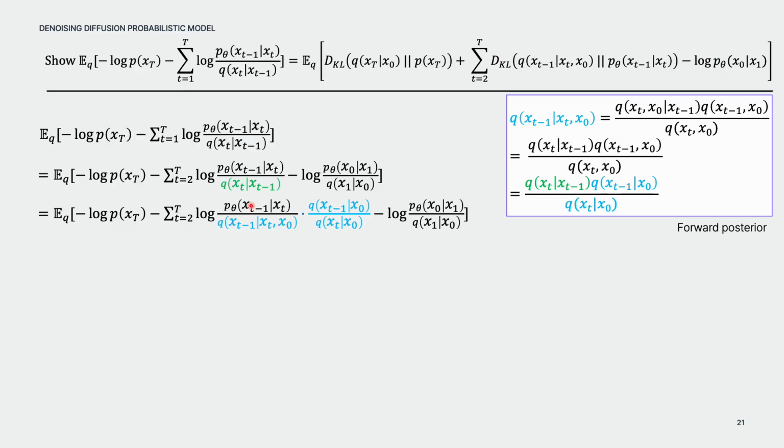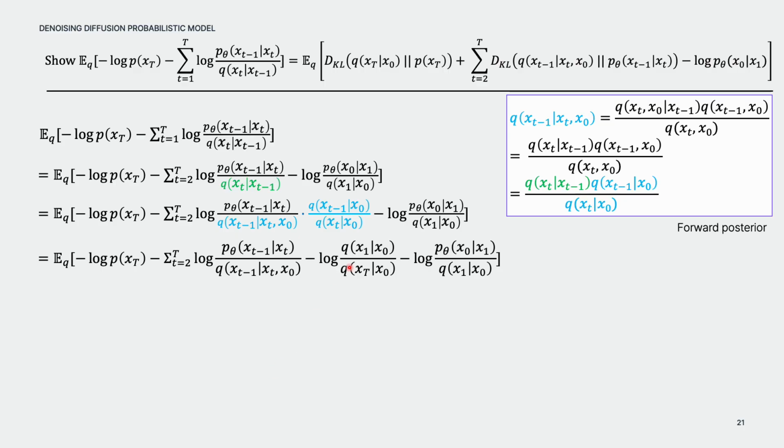And following the Bayes rule, the posterior term is decomposed as these blue terms. And here, if we look at this fraction, because this is multiplied over t equals 2 to large T, it will keep canceling out. And this is what we are left with, q of x1 given x0 over q of x large T given x0.